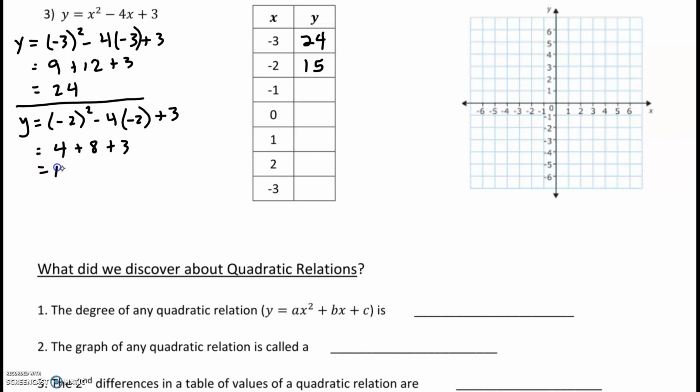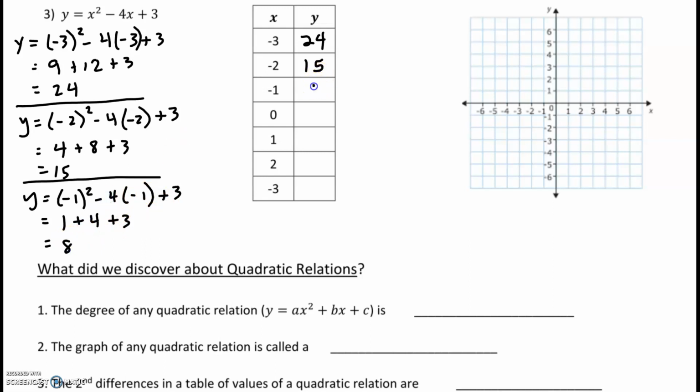Okay, let's go on to negative 1. So y equals negative 1 squared minus 4 times negative 1 plus 3. So negative 1 squared is 1. Negative 4 times negative 1 is a positive 4 plus 3. And 1 plus 4 is 5, plus 3 gives us 8.